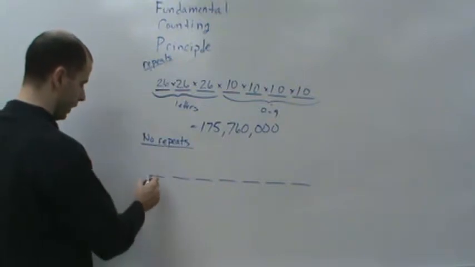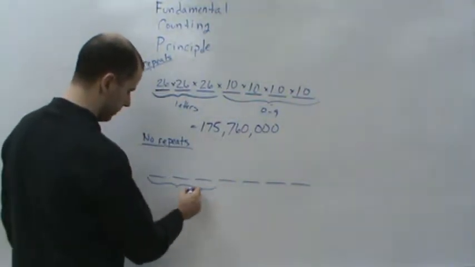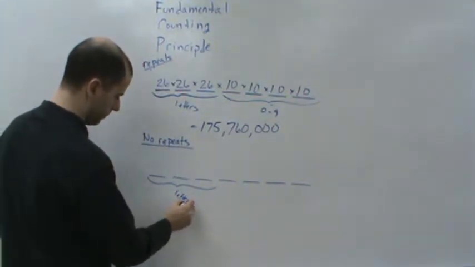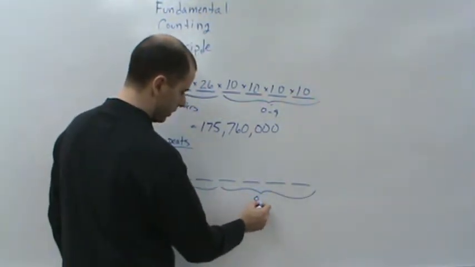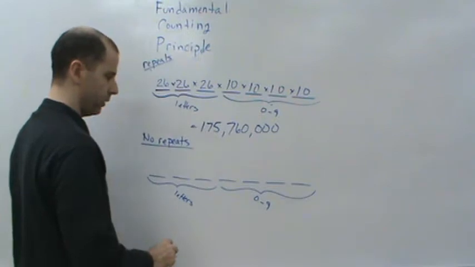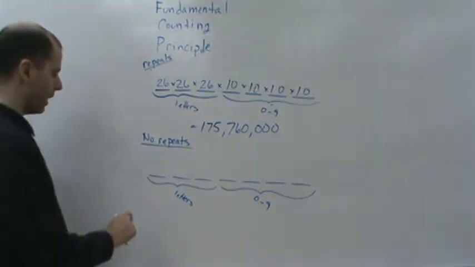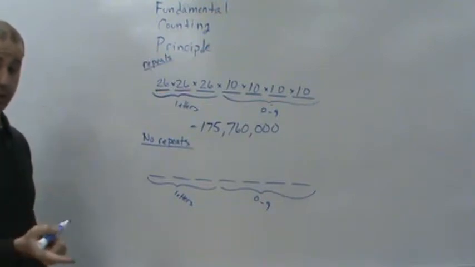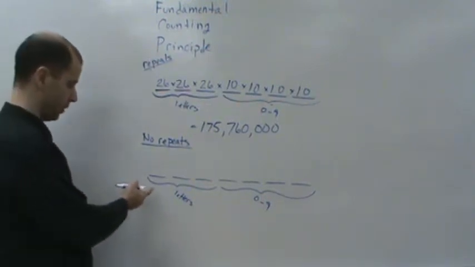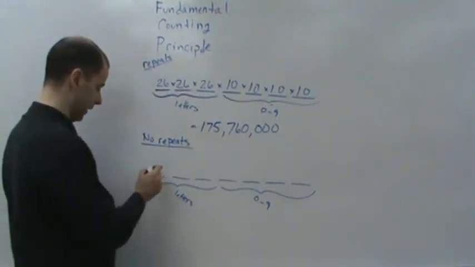Again, these are the letters, and these are the digits 0 through 9. Now, once I choose my first letter, how many letters do I get to choose from for the first one? Well, I get all 26 letters, right?